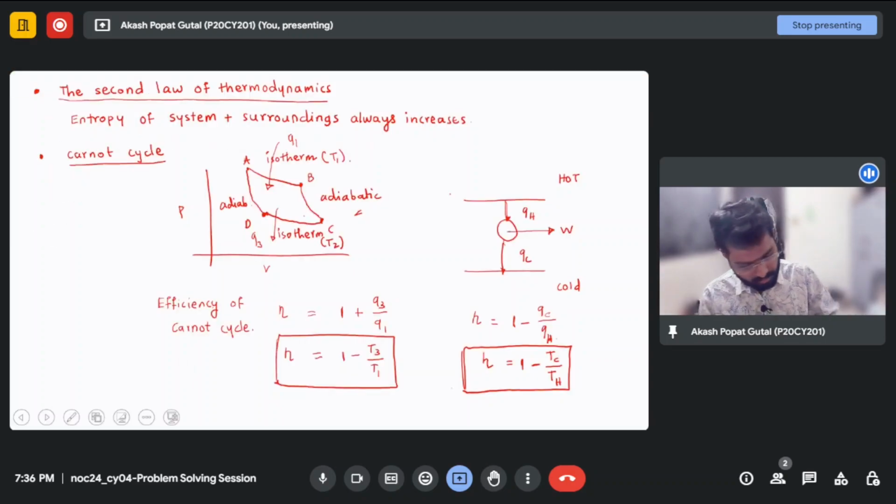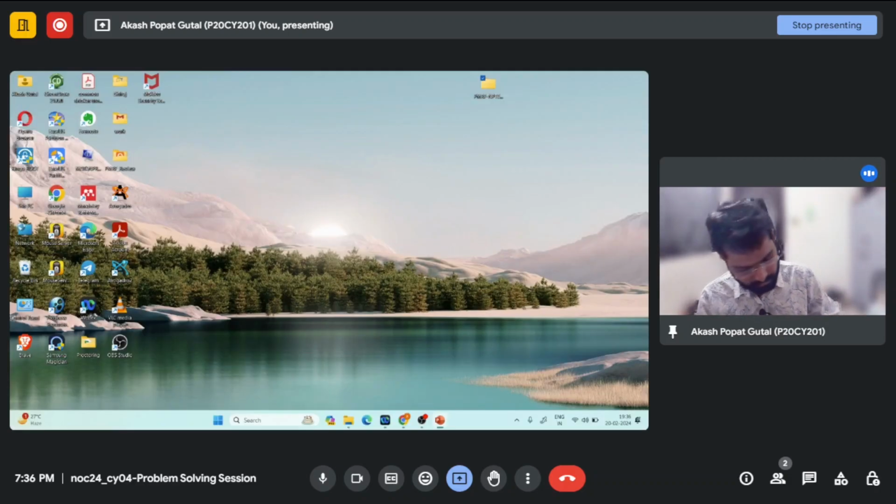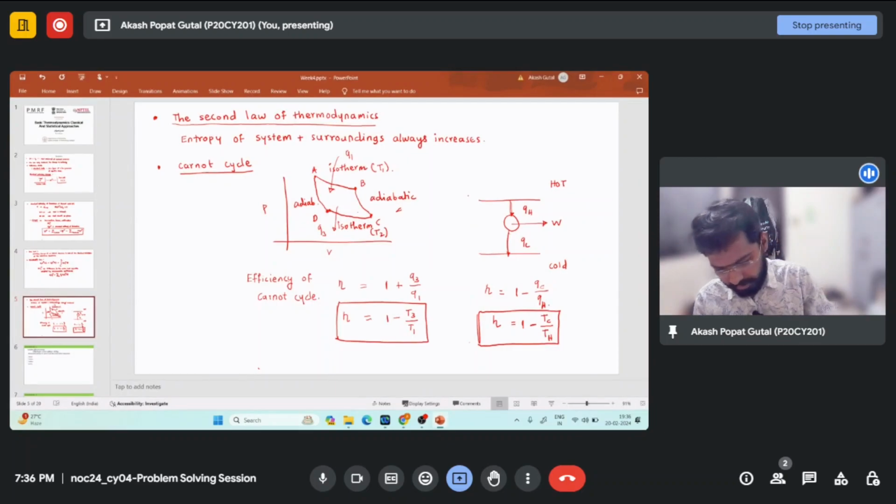After defining the Carnot cycle, we define the state function called entropy.